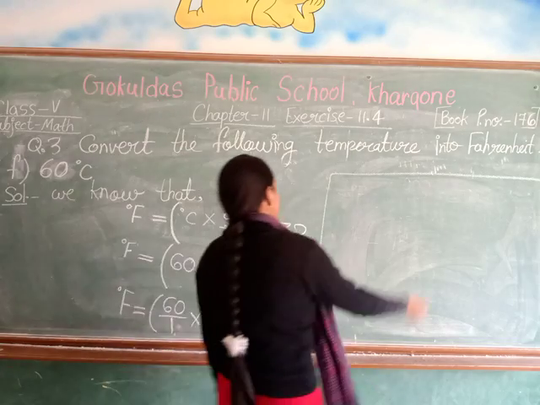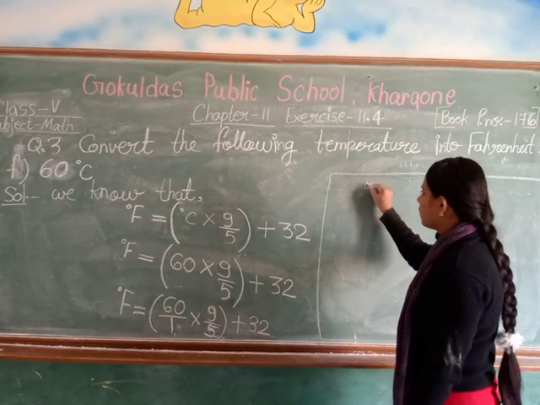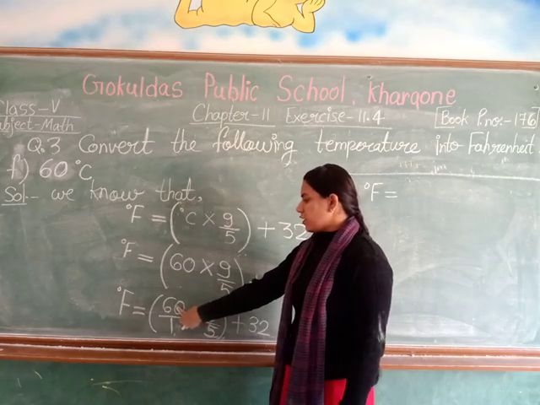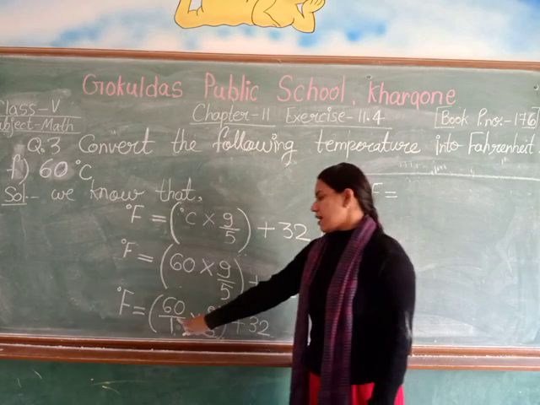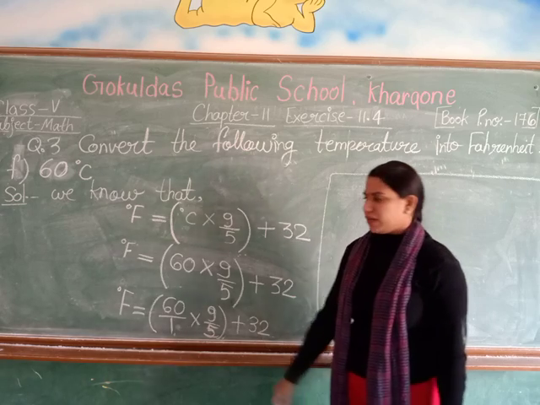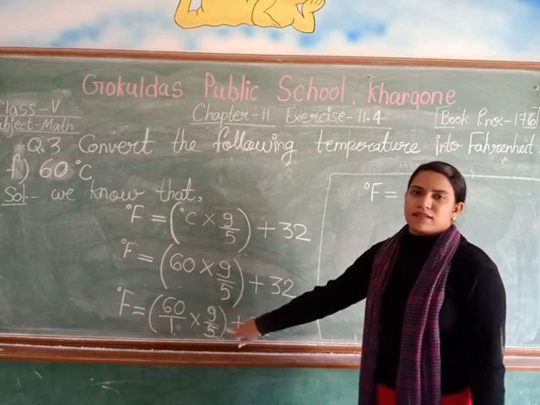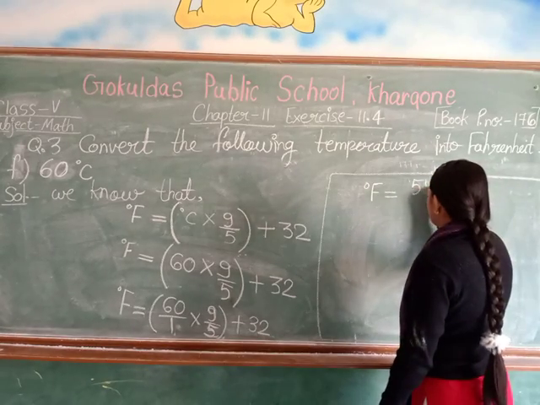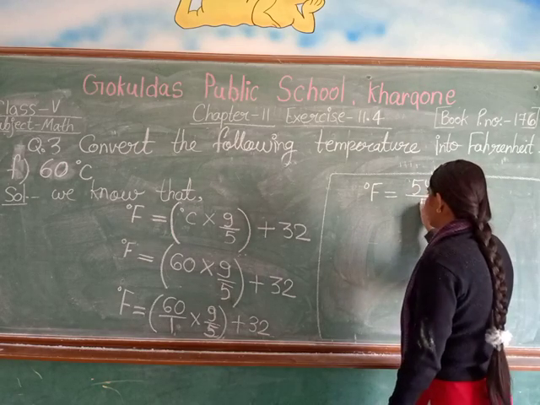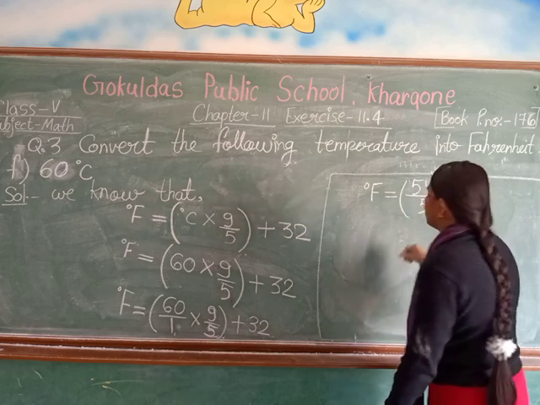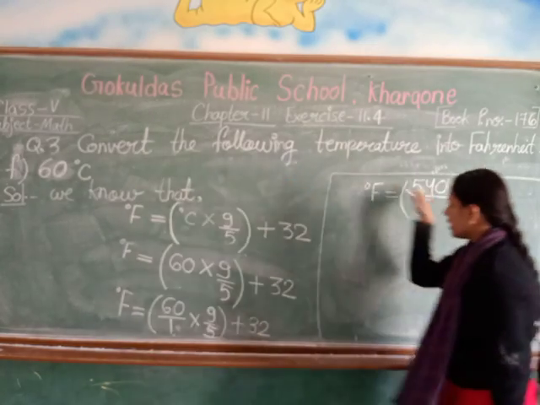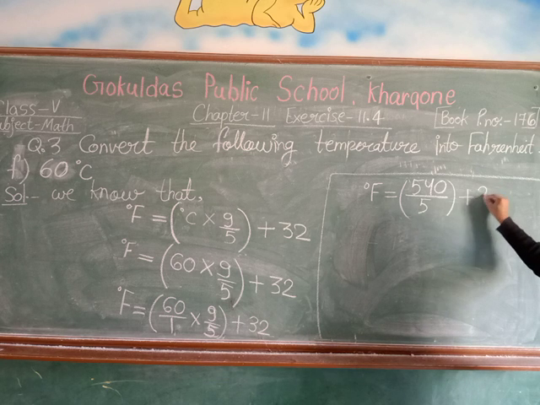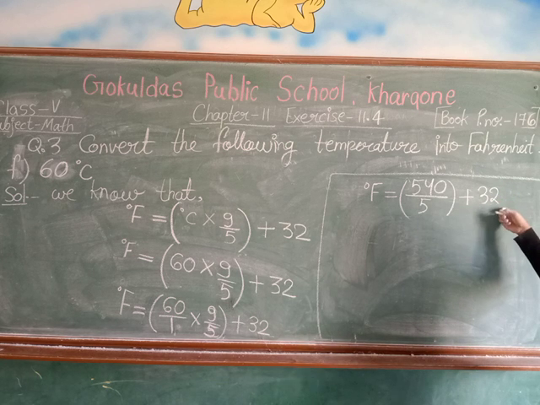Now in the next step degree Fahrenheit is equals to, we will multiply numerator with numerator and denominator with denominator. 60 into 9, 540 upon 5 into 1 is 5, right? When we solve this bracket we get 540 divided by 5 plus 32. Do not forget to write this plus 32.